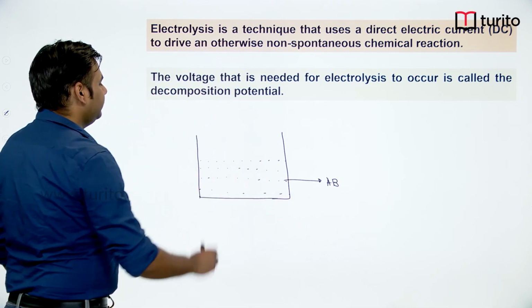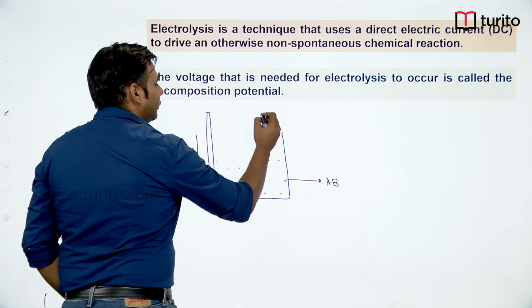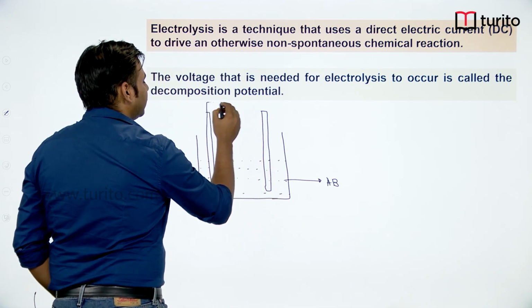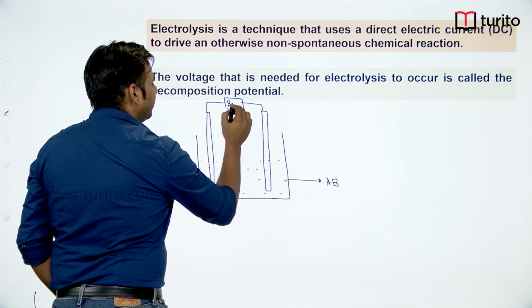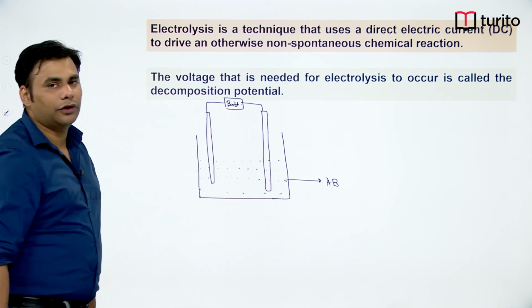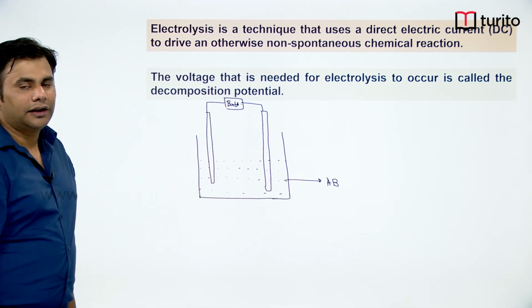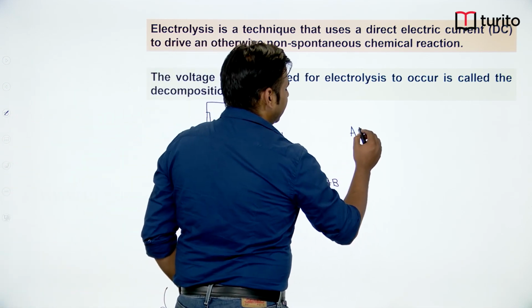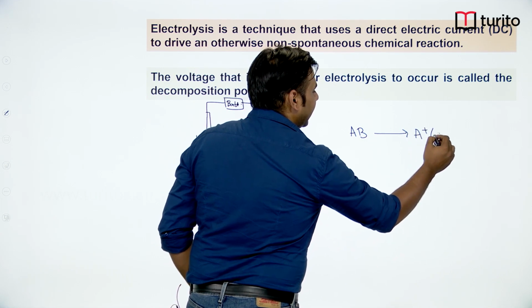We dip two electrodes in it, through which we will pass the electric current. We are joining it with a battery, so we are sending electric current through this battery into the solution. We know that this AB would initially dissociate into a cation and an anion.